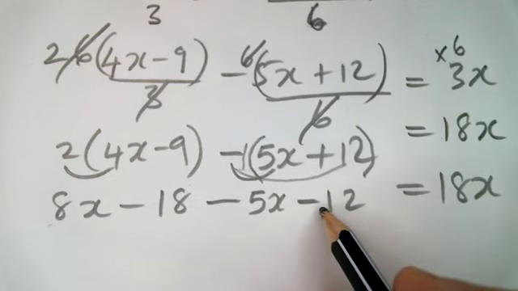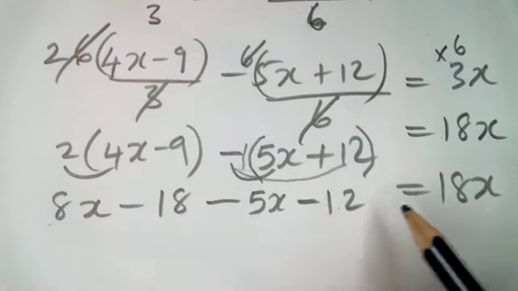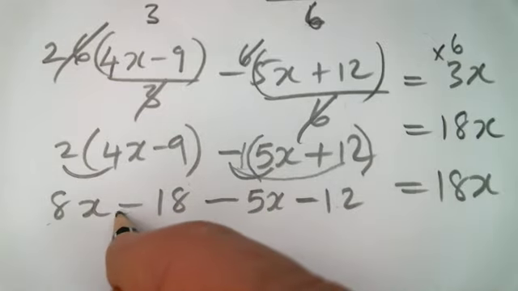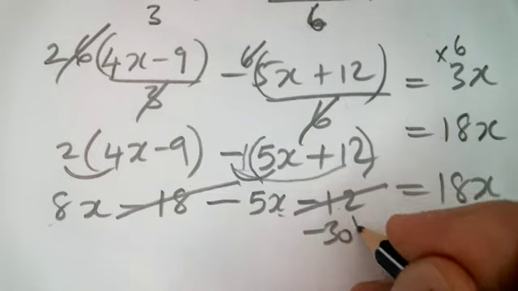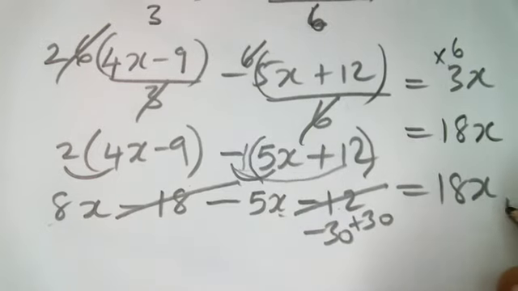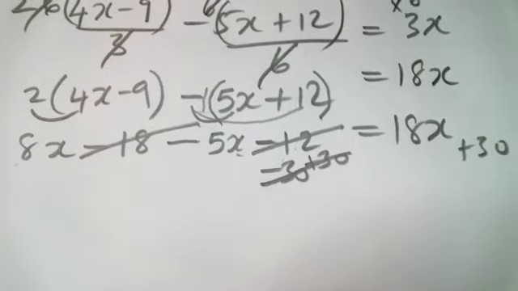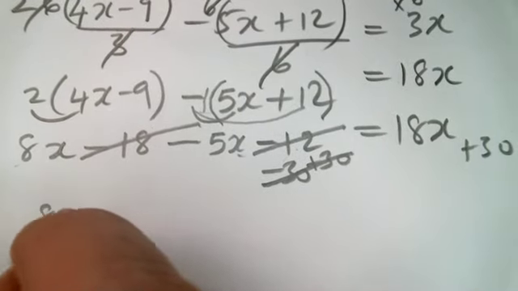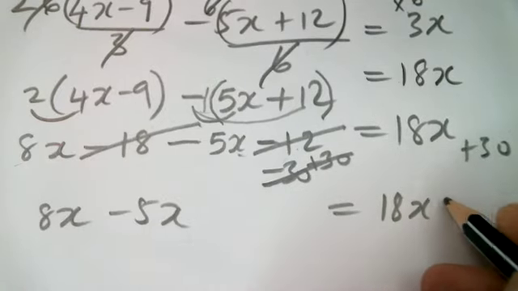Negative 18 and negative 12 come together to give negative 30. So I'm going to add 30 to both sides, and this is now gone. So I'm left now with 8x minus 5x is equal to 18x plus 30.